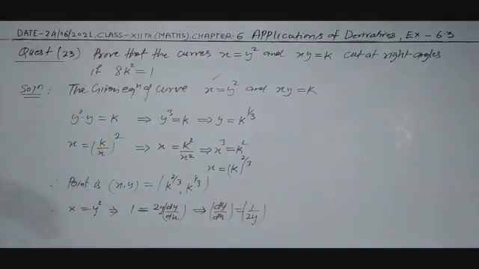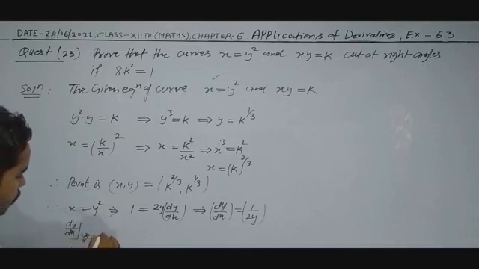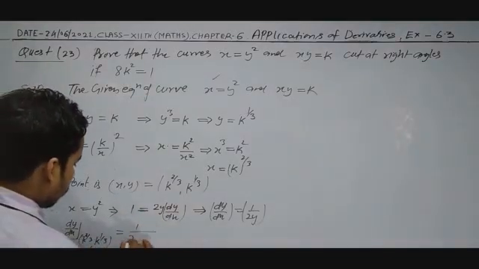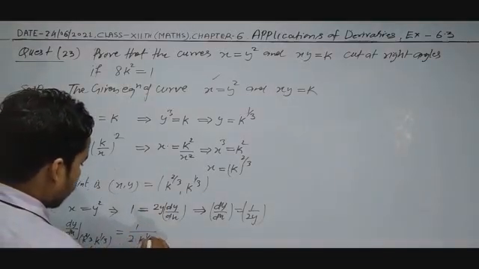And dy by dx at this point, (k to the power 2 by 3, k to the power 1 by 3), the result you will get is 1 upon 2 into k to the power 1 by 3.